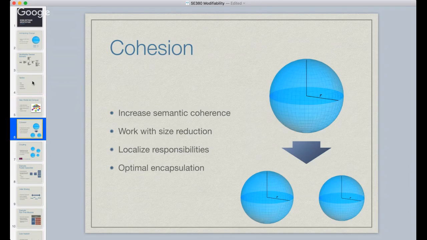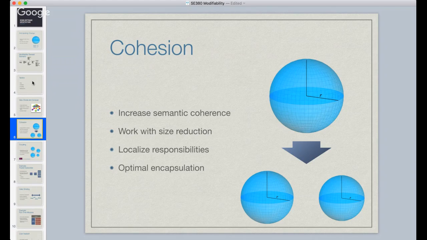Which brings us to the notion of cohesion. Now, cohesion and coupling, which we're going to look at in just a moment, are two of the great forces when we're designing a system. They're roughly equivalent to proportion, scale and symmetry in building architecture. And you'll see why here in a moment, I believe.